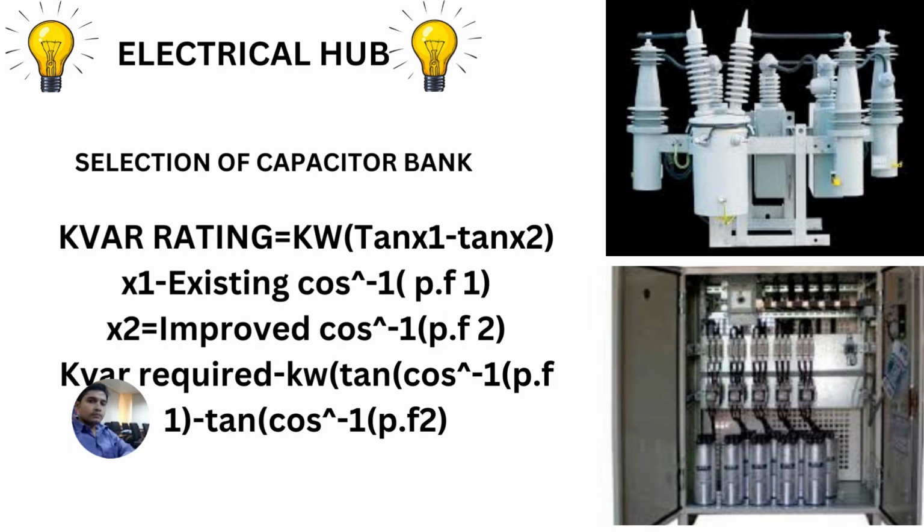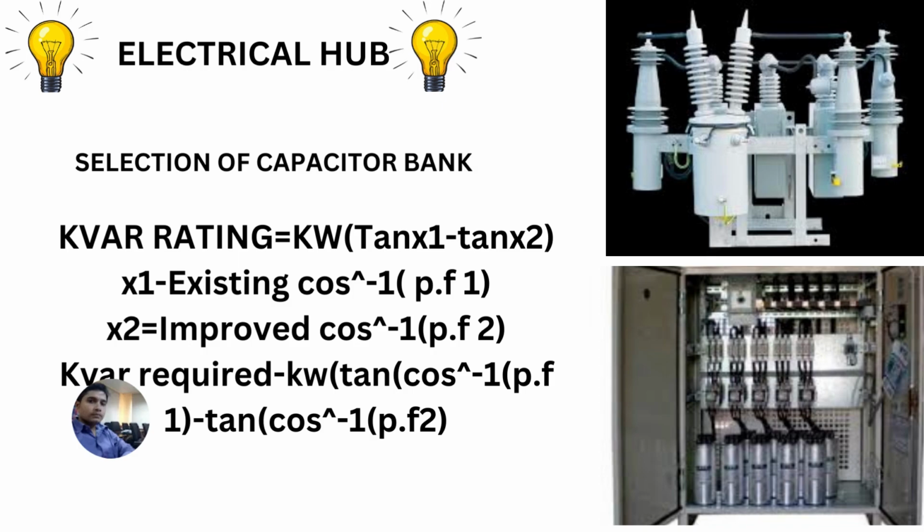So here comes the selection of capacitor bank. How will you evaluate how much kVAR rating of the capacitor bank is required at your section? So first you determine the kilowatt and the existing power factor.